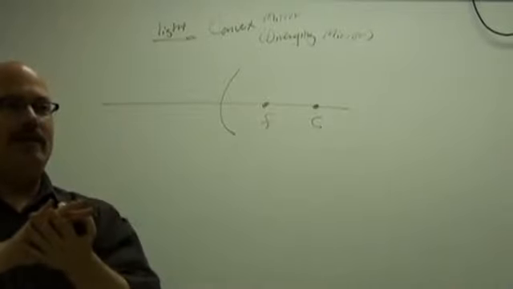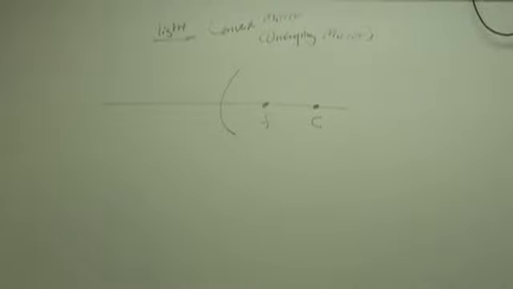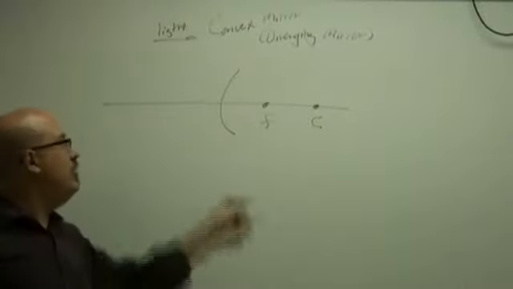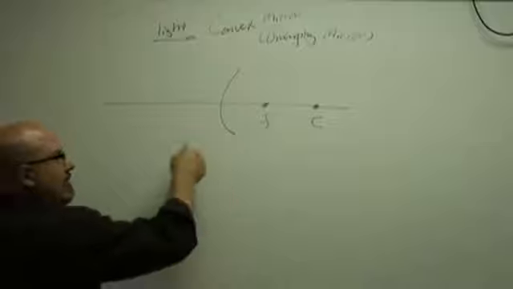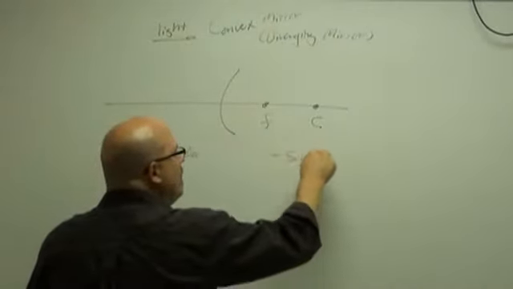Open up your packet. It's on the back of the first page, or the last page maybe. It's on the last page. Okay? Okay, now, principal axis, everything's the same. Now everybody, you see this side? This side is the plus side. This is the minus side.